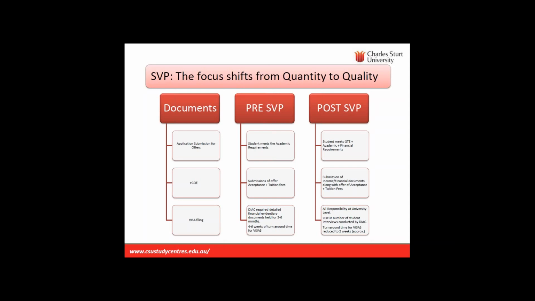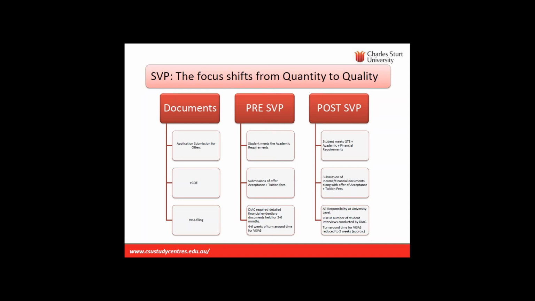Now, when the SVP, the streamlined process, is introduced, what is happening at the moment? Students would need to send again their academic documents, their application to the university, and also demonstrate their knowledge about the university, demonstrate their true, genuine motivation to study in Australia.